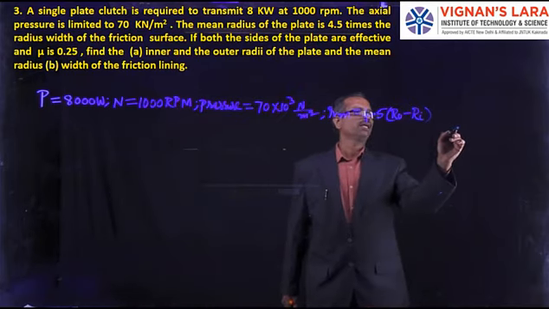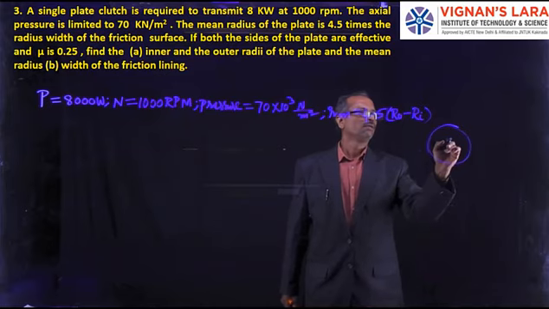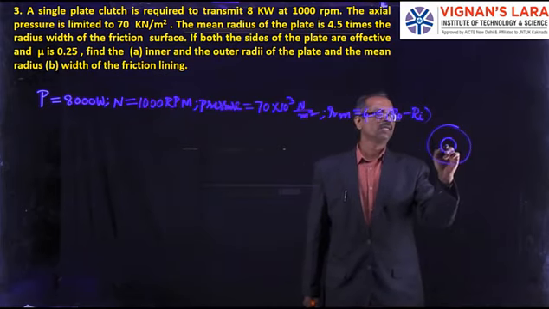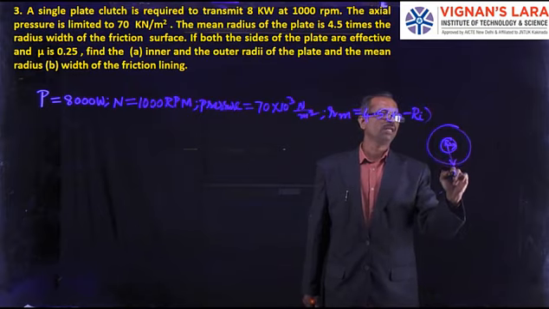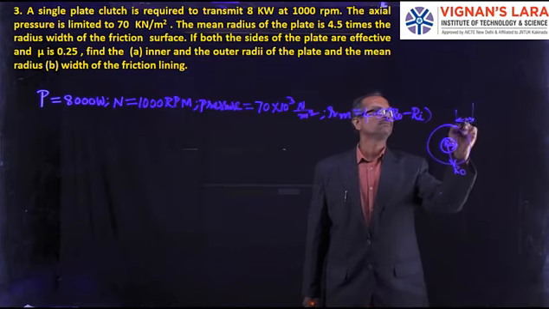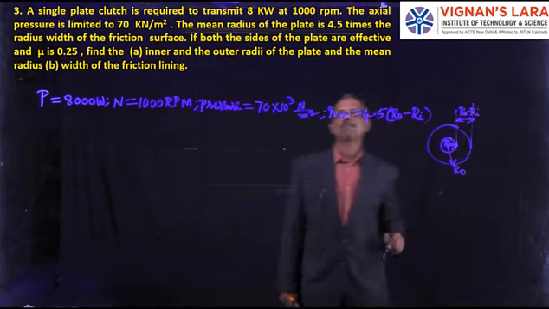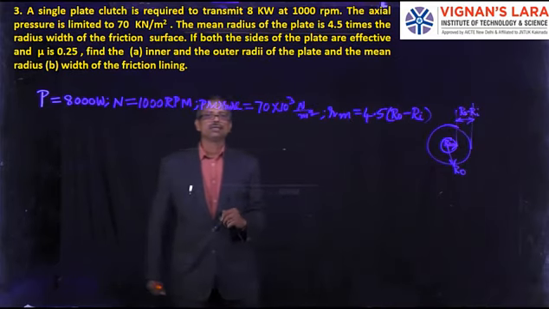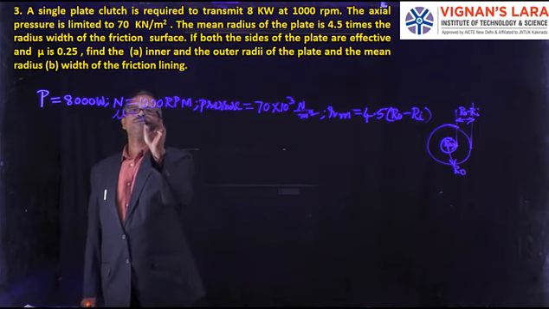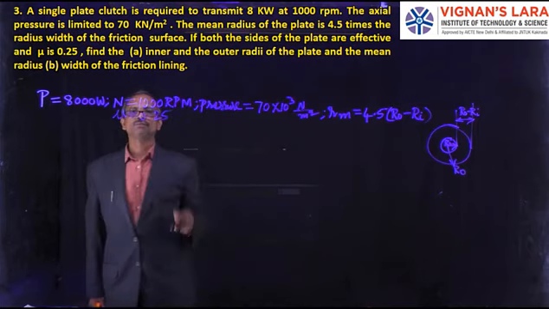Say there is a clutch plate. So this is the inner radius and this is the outer radius. This is the radial width, R0 minus Ri. Then you are given the coefficient of friction 0.25.